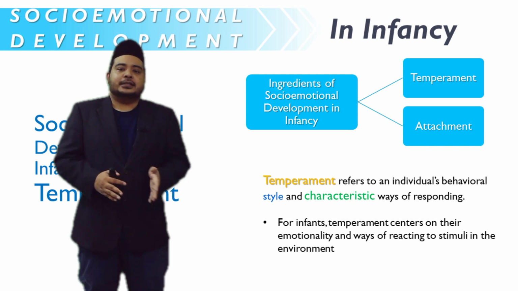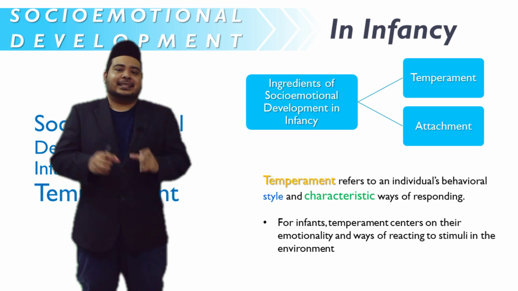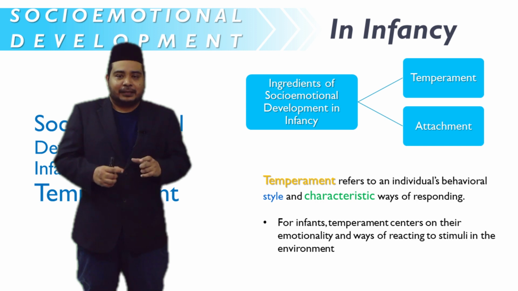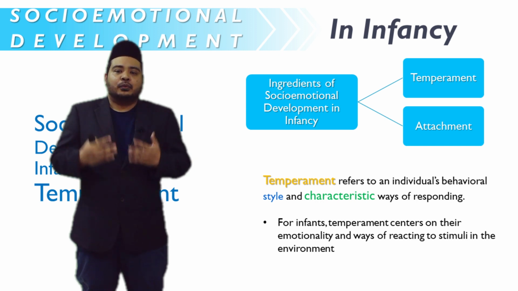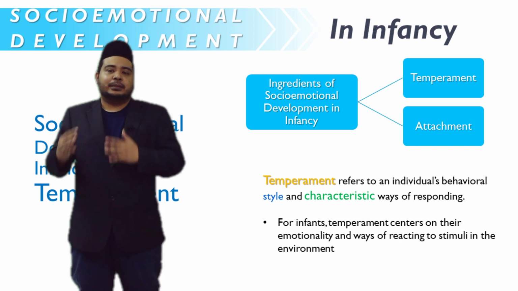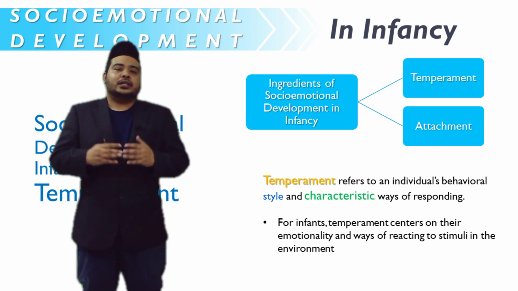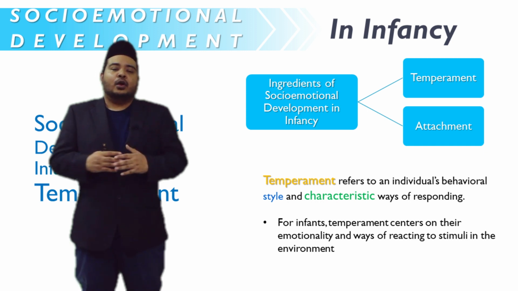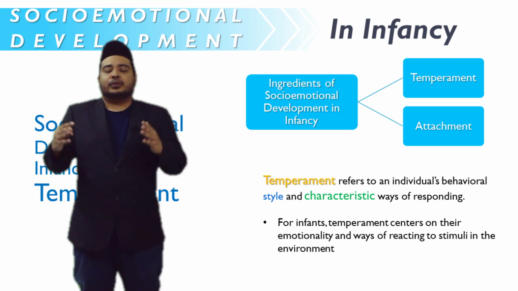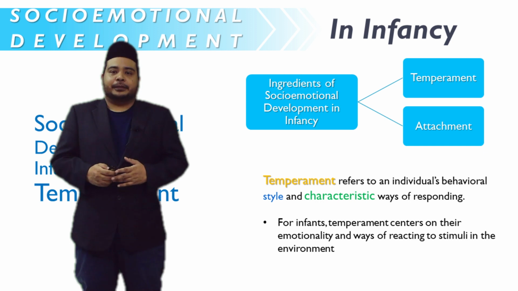Okay, for infants, temperament centers on their emotionality, on their emotion and ways of reacting to stimuli in the environment. Ways of reacting to people, to a new environment, to new things in their environment.